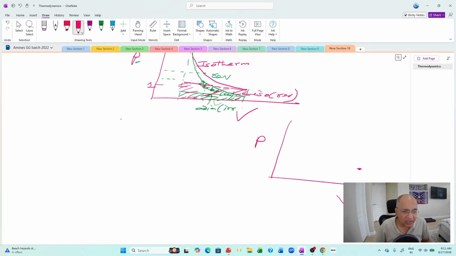So if this is the graph for an isotherm at constant temperature, this is the graph for constant temperature. We are going from here to here.